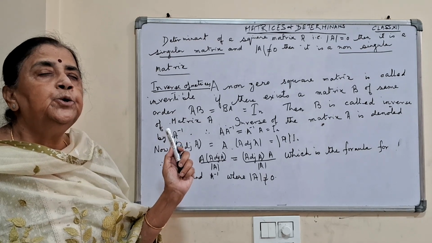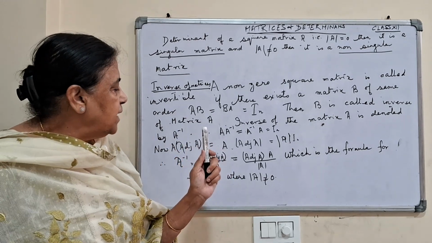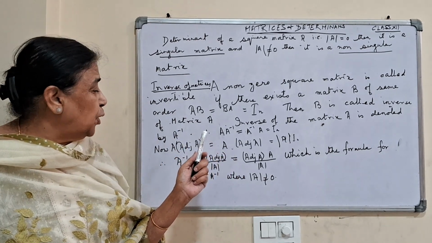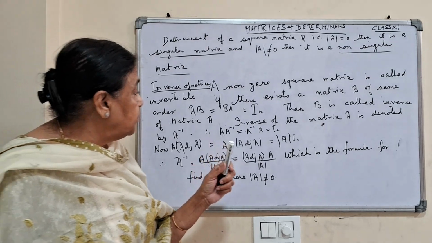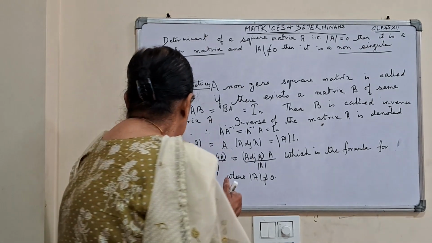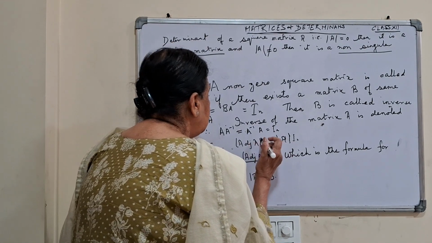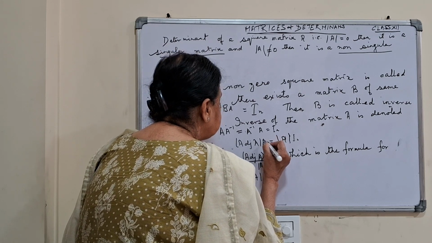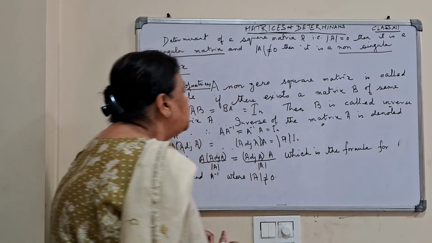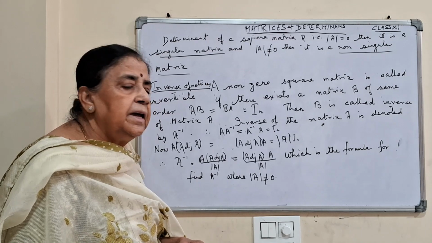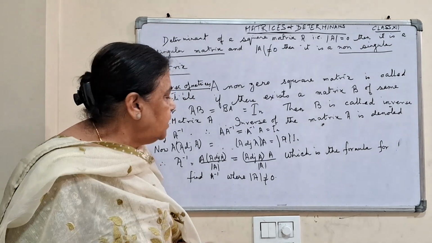Now, A into adjoint A is equal to adjoint A into A is equal to determinant A into I of order n.